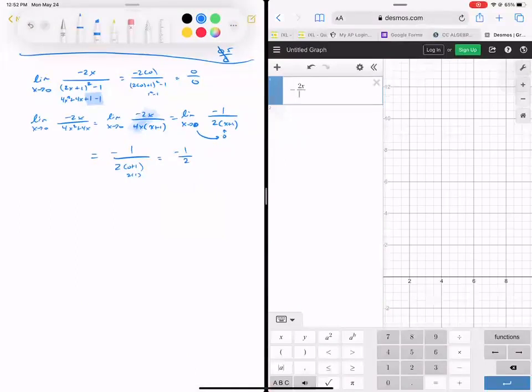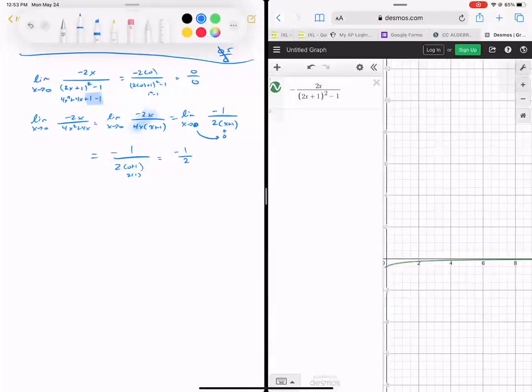We're going to divide that by parentheses 2x plus 1, close it, and then square it. There you go, and then minus 1. Okay, so negative 2x squared. That looks right.